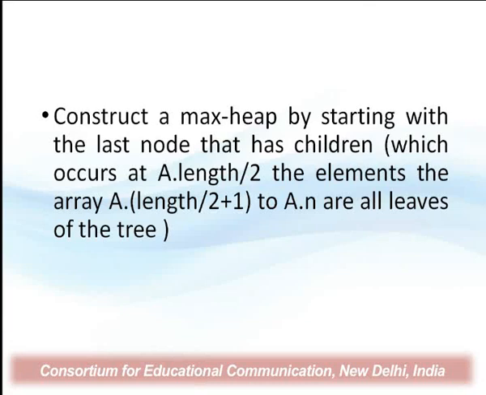So the last node that has children will occur at A dot length by 2. The rest of the elements of the array are leaf elements. So what I am trying to say is, leaf elements we need to skip.